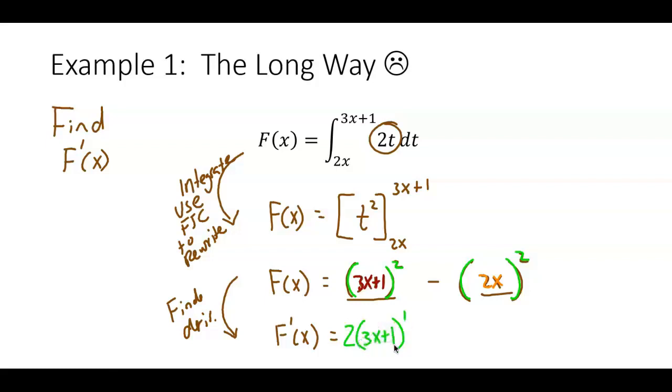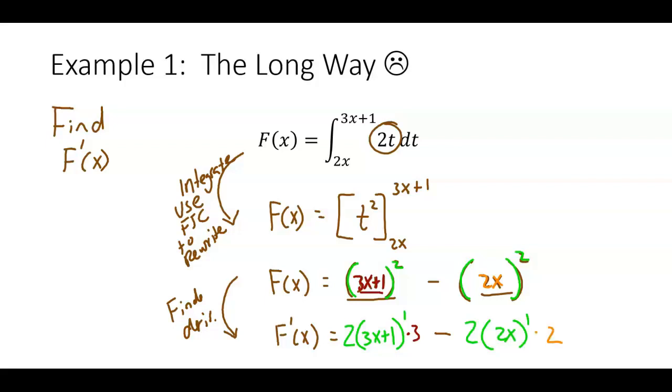And then we're going to multiply that by the derivative of the inside. The derivative of the inside there is 3. Minus. And then I'm going to do the derivative of the outside again, same thing. And then I'm going to multiply that by the derivative of the inside, which is just 2.